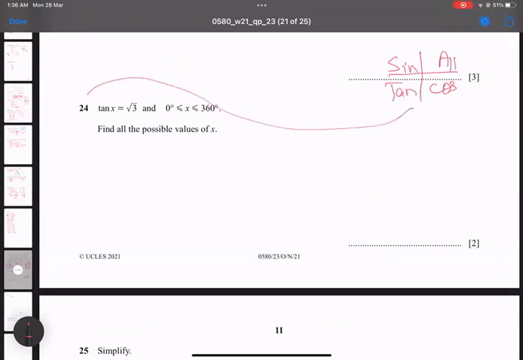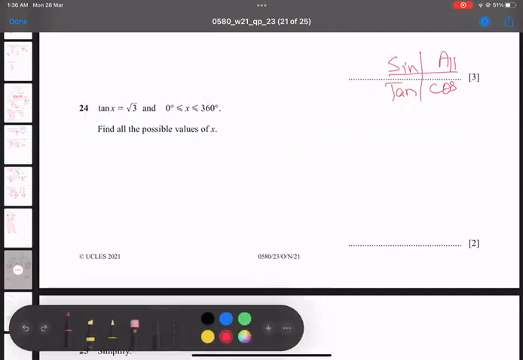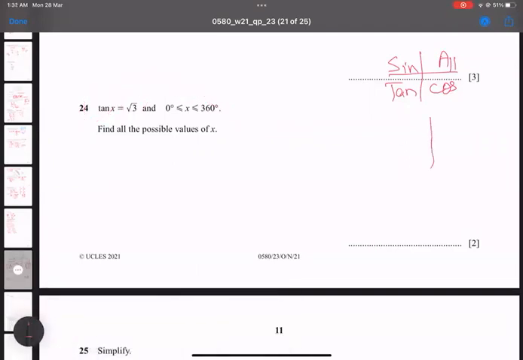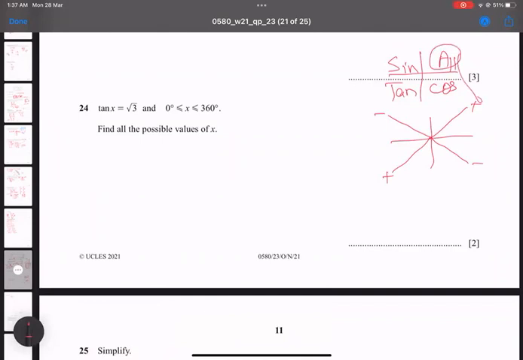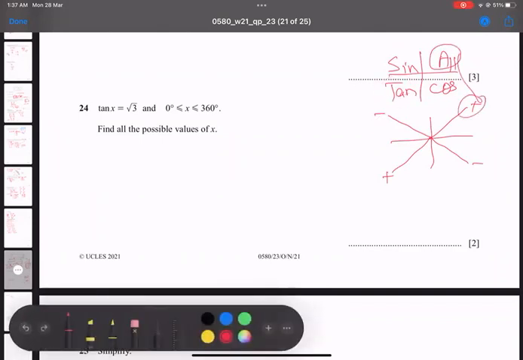Because our question is tan and tan is positive, we decide where tan is positive. Tan is positive here and here, and tan is negative here and here. Here sine is positive, so sine, cos and tan are both negative in the others. Here all are positive, that is why I took positive. Here tan is positive, that is why I took both positive.